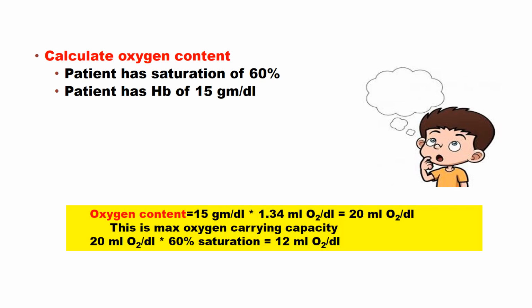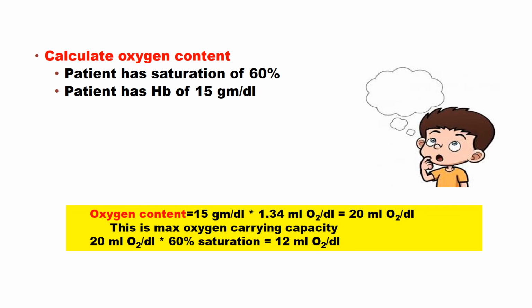So the amount of oxygen bound to hemoglobin is 15 multiplied by 1.34, and we get 20 ml of oxygen per deciliter. This is the oxygen carrying capacity, and since it is maximally contributed by the oxygen bound to hemoglobin, we can take this value of 20 ml of oxygen per deciliter as the total oxygen content.